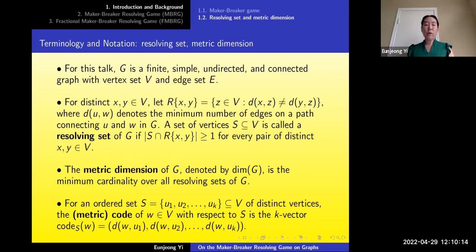So for an ordered set S = {u1, ..., uk} of distinct vertices, the metric code of vertex w with respect to S is the k-vector, which we denote by code_S(w), equal to (d(w,u1), d(w,u2), ..., d(w,uk)). Next.